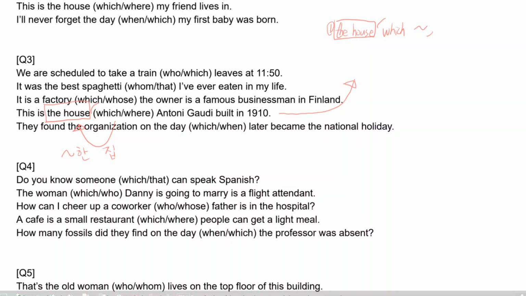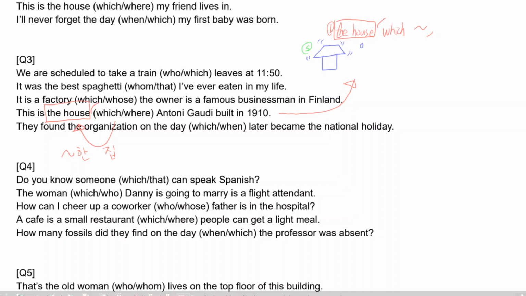If it's subjective, then the house itself is doing something, right? It might have a wheel and move around, or it is broken, or it could fly in the air, whatever it is. The house does something. Right? So this is the subjective which.